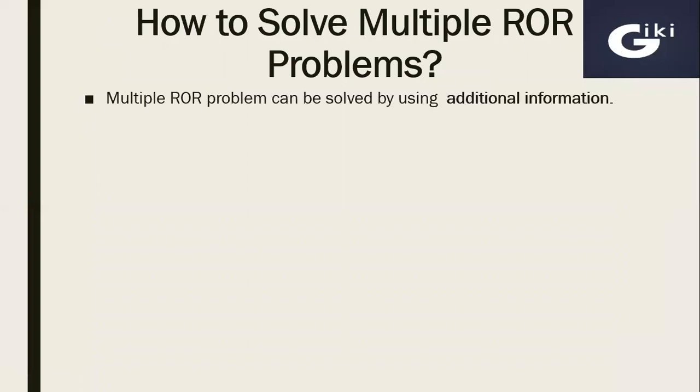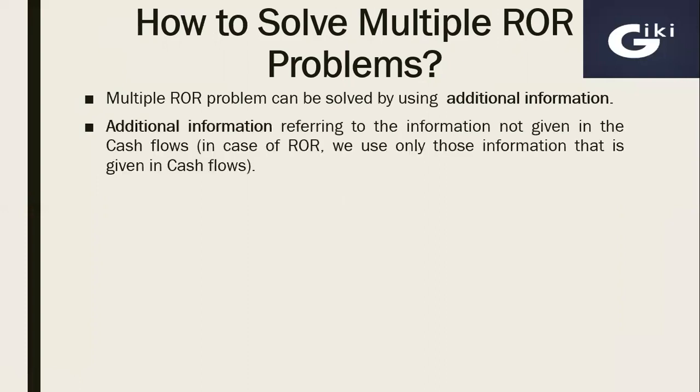Multiple ROR problems can be solved by using additional information that is not given in cash flows, because ROR is being calculated from cash inflows and cash outflows that are internal to the project. Additional information refers to information not given in the cash flows. In case of rate of return, we use only the information that is given in cash flows.